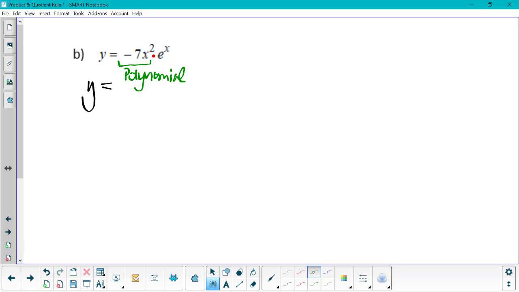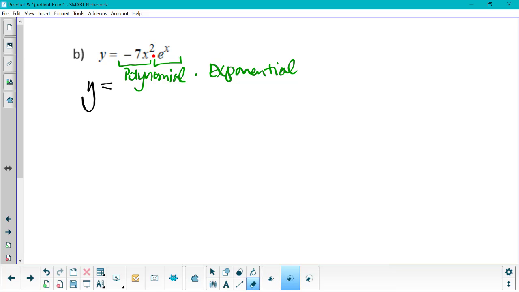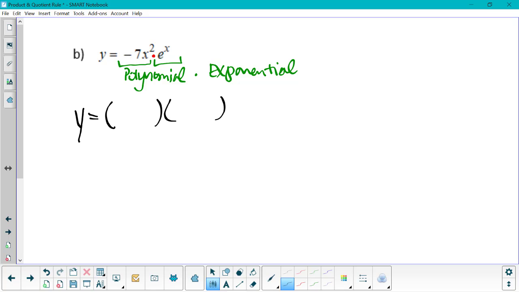And my second function is an exponential. So I have a polynomial times an exponential function. So there are two different types of functions. That's how I can tell that it is a product. But I typically like to rewrite it using parentheses so I know it's a product and I know which is my first and which is my second. So that's the product of negative 7x squared and e to the x.